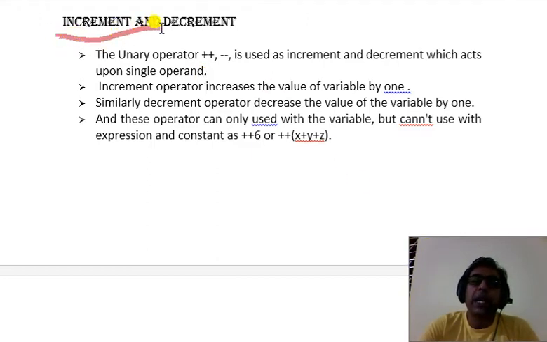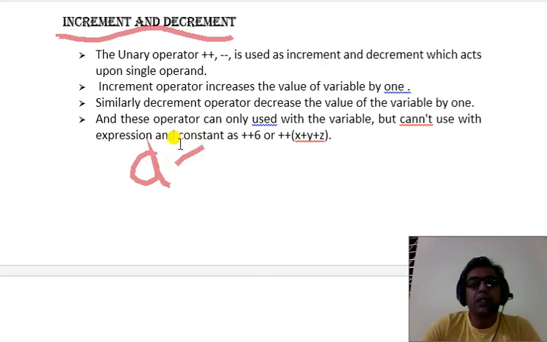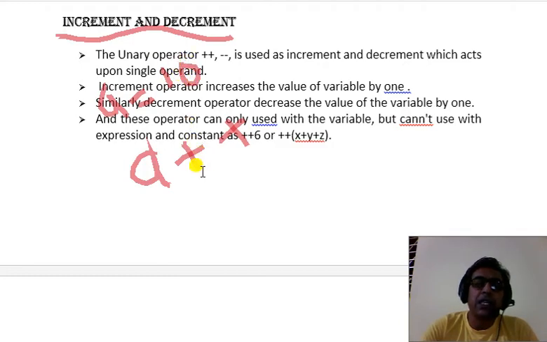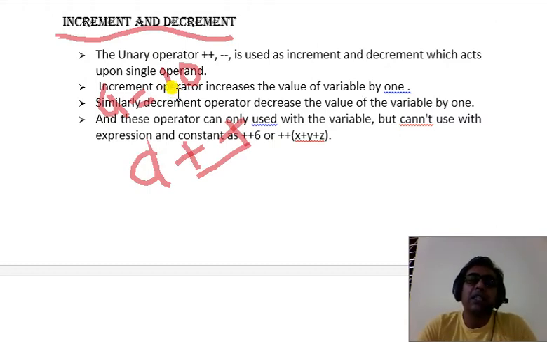For example, if I write a plus plus, and suppose the value of a is equal to 10, this increment operator will increment the value of a by 1. That means it will become 11. So whenever we want to increase the value of a variable by 1, we use the plus plus symbol, and this plus plus symbol is called the increment operator.